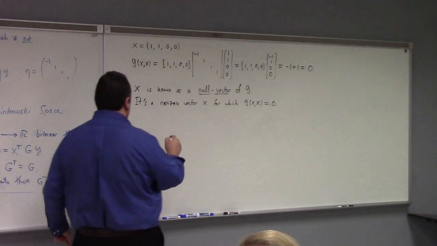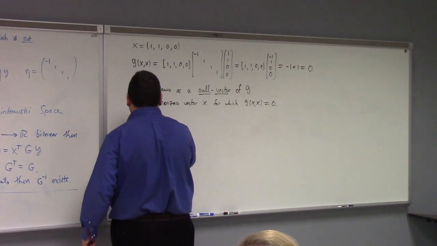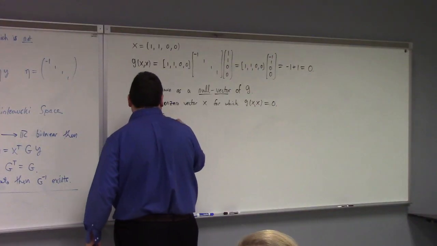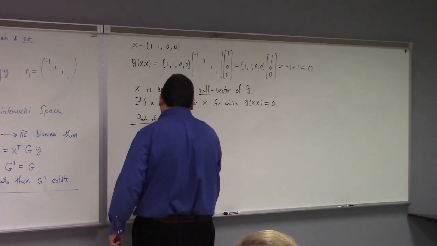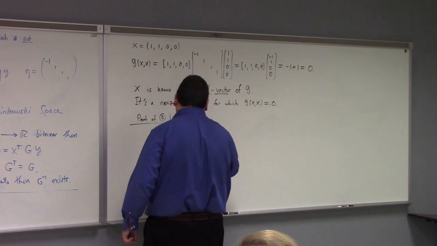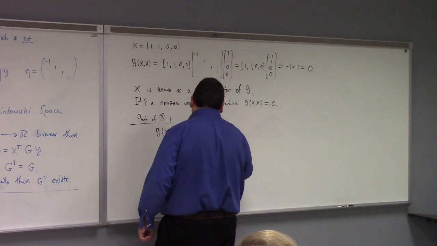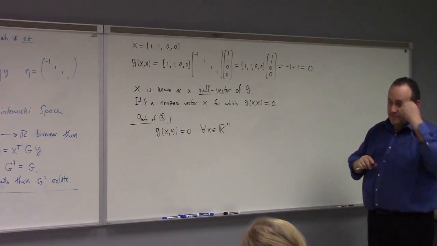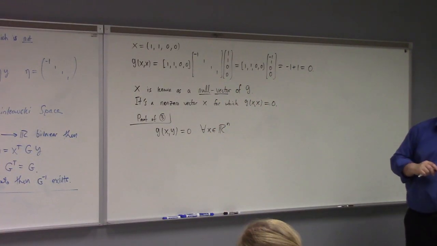Let's write that down. So let's look at the proof of 3. We have G of x comma y is equal to 0 for all x. This is what we get if we're assuming non-degeneracy, right?